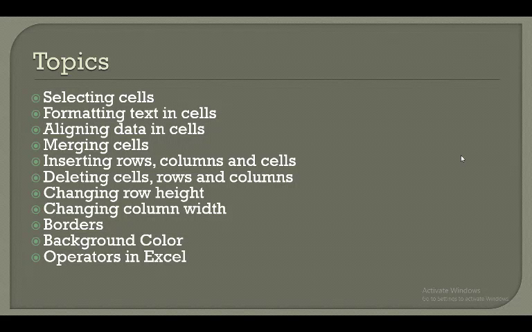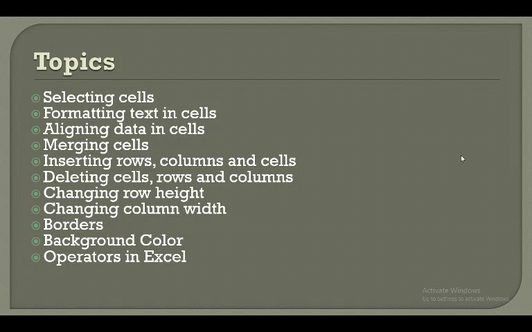First, let me tell you, we'll discuss what is formatting. That is making any changes and changing the view of the document and making it in an attractive manner is called formatting.